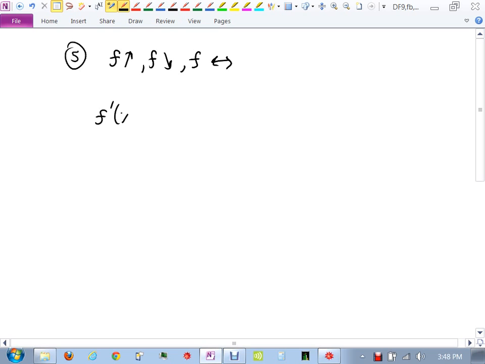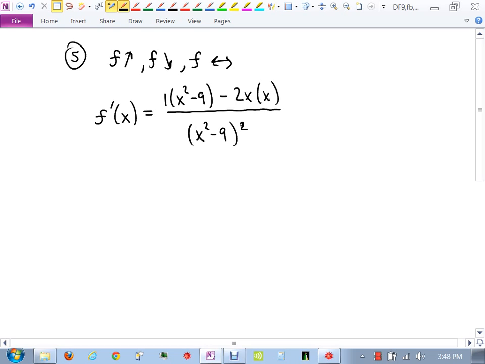The derivative of this function is 1 times the bottom minus the derivative of the bottom times the top, all over the bottom squared. Now that's very similar to the one you did in class just a second ago, isn't it? All right, let's go ahead and clean that up. What do we have here?